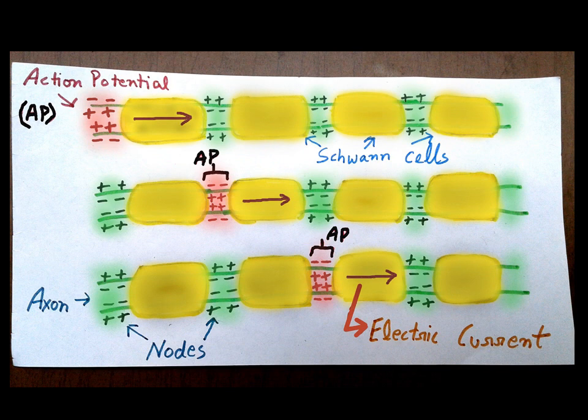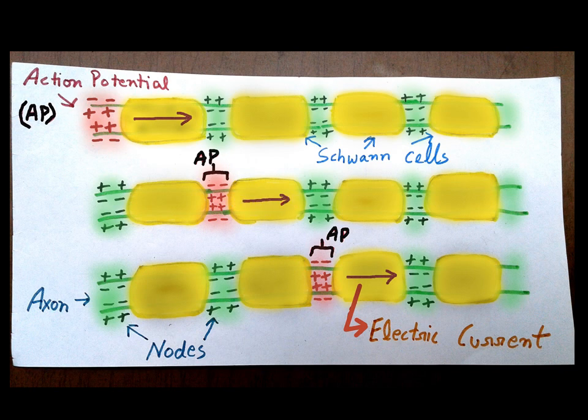An unmyelinated axon conducts action potential over its entire length. In myelinated neurons, the threshold results in the action potential at the trigger zone. It produces a local current which travels away from the trigger zone through the cytoplasm of the axon. As this local current reaches the first node, it excites the membrane to its threshold level and generates action potential there, as well as sends the electric current to the next node.